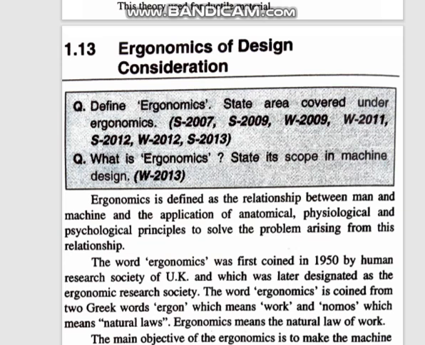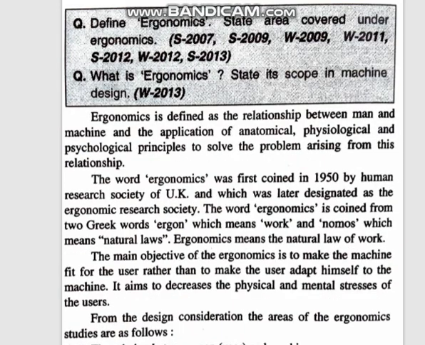Ergonomics. This may be the first time you are hearing the word ergonomics. You see, the word ergonomics was first coined in 1950 by the Human Research Society of the United Kingdom, and it was later designated as the Ergonomic Research Society.